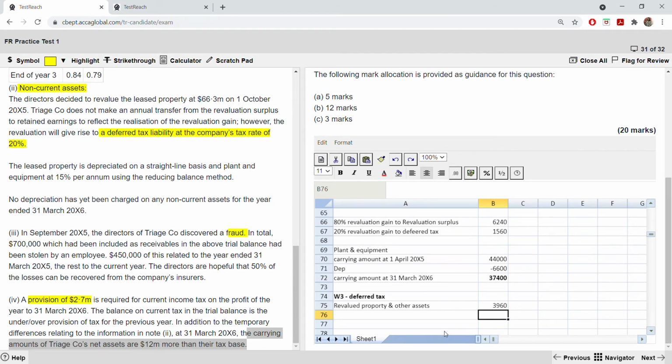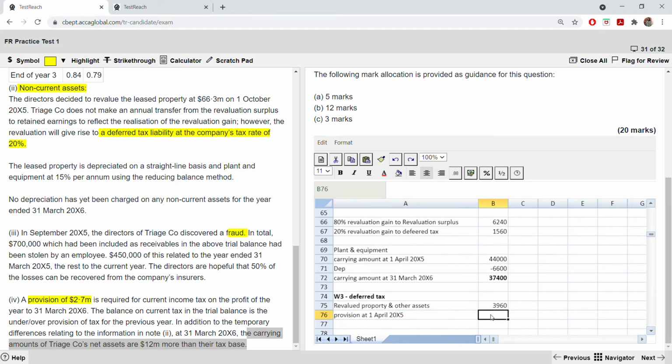Next is the provision at 1st April 2005.